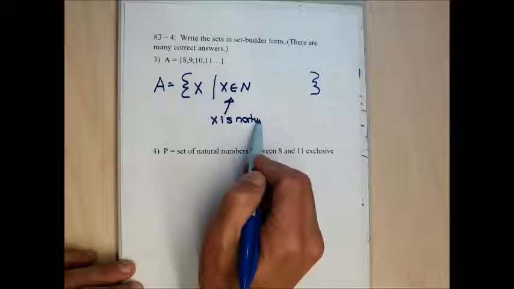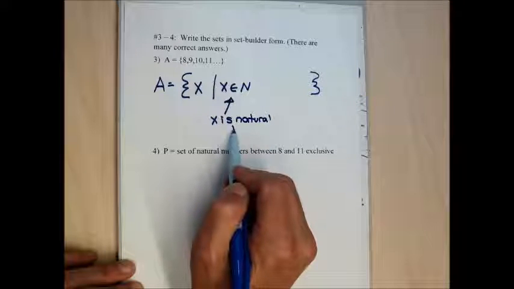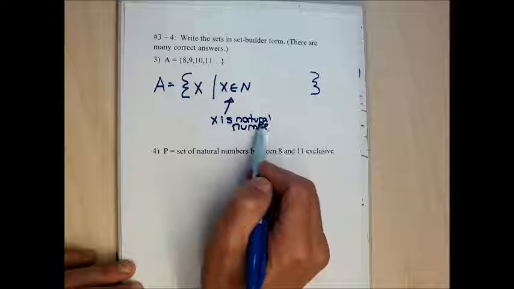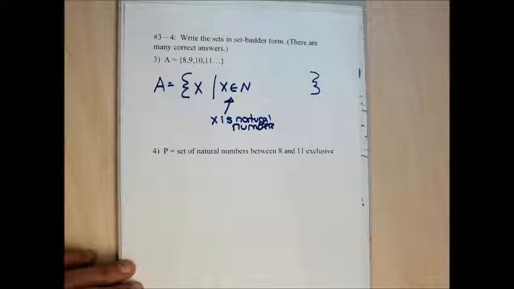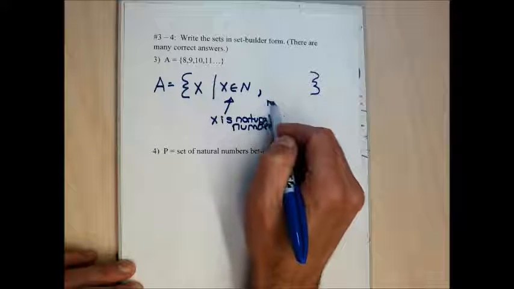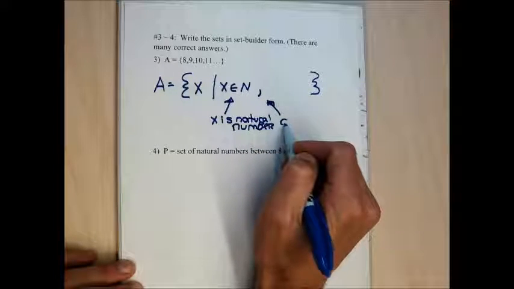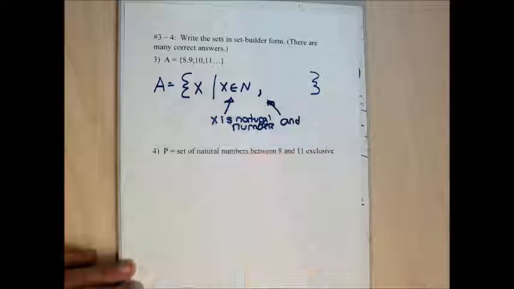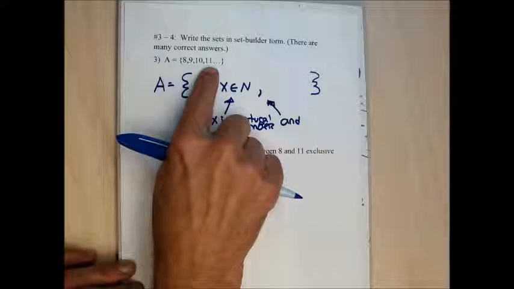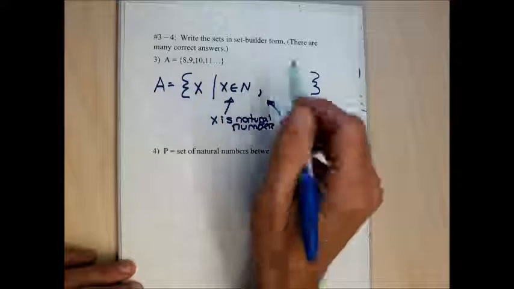I'm writing the slickest answer I can think of. If where I wrote the symbol X as an element of N, you wrote the words X is a natural number, that would be completely fine. I'm going to follow it by a comma, but if you wanted to use the word and instead of that comma, that would be fine. And then after the comma, I need to describe the numbers, and those are the numbers greater than or equal to 8 again.